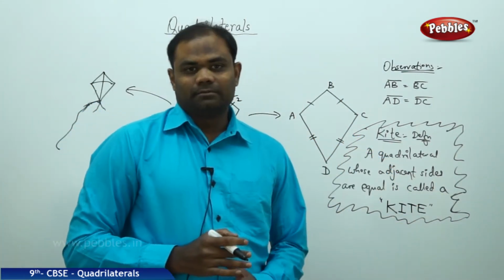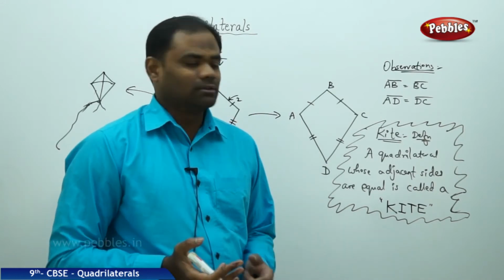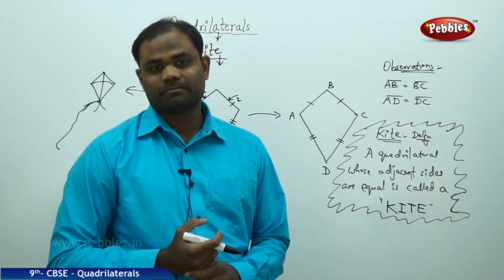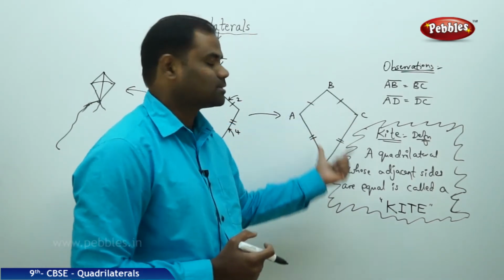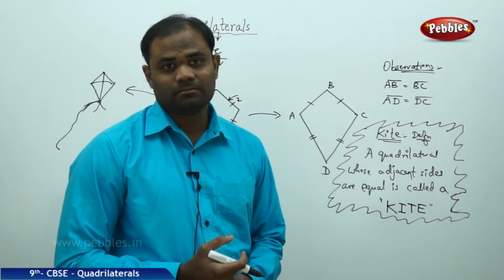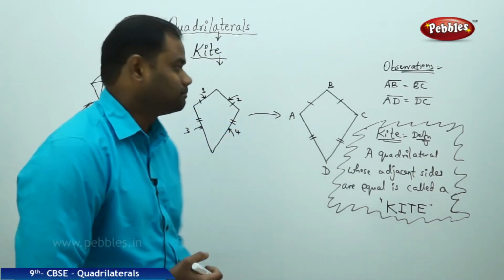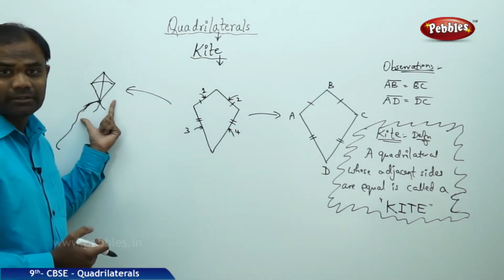A quadrilateral with adjacent sides equal is called a kite, a special case of a quadrilateral whose adjacent sides are found to be equal. Kite as a quadrilateral, kite as a flying kite.